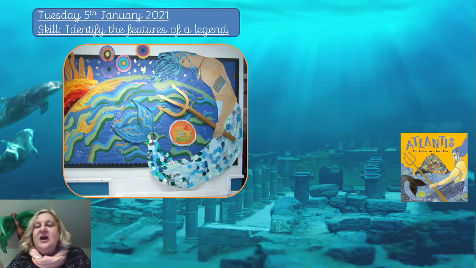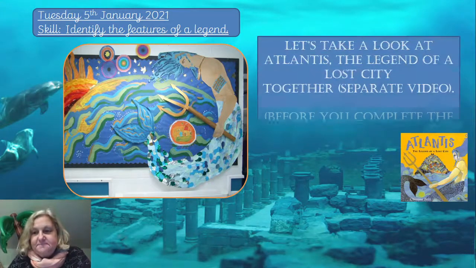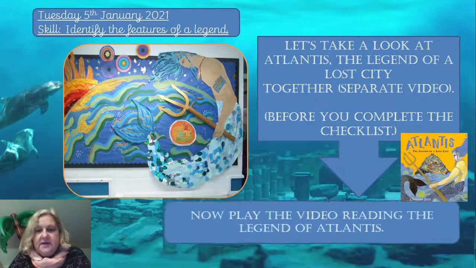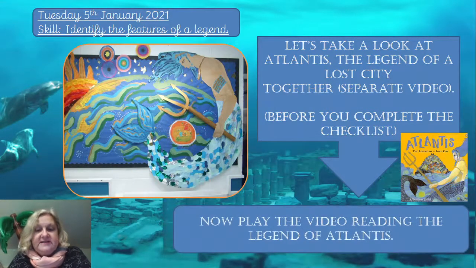So we're now going to have a look at the Atlantis legend, and we're going to read it together. I've put another video on so you can play that video with me reading the legend, and then once you've played that one, you'll be ready to finish off your checklist.